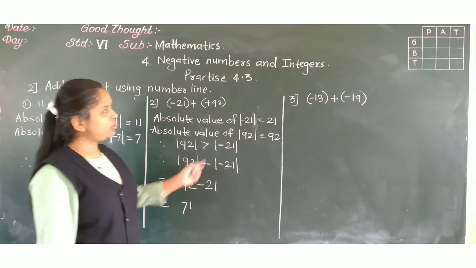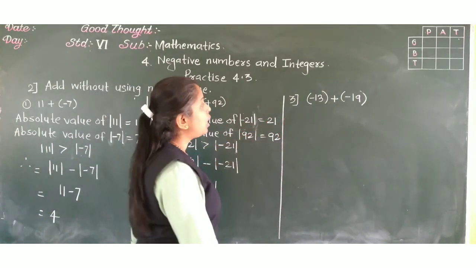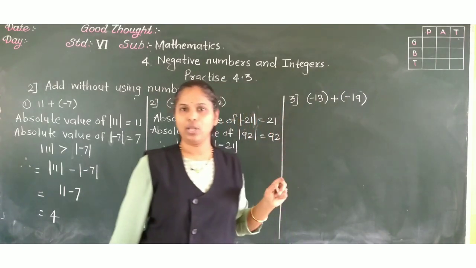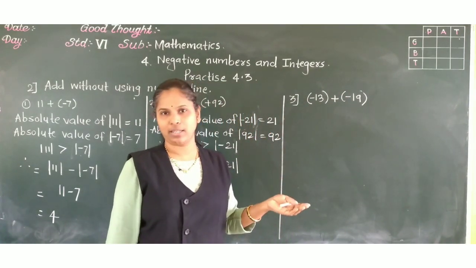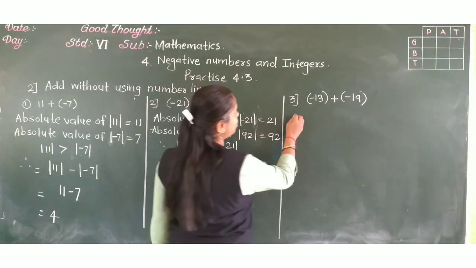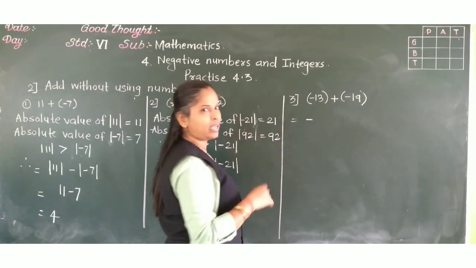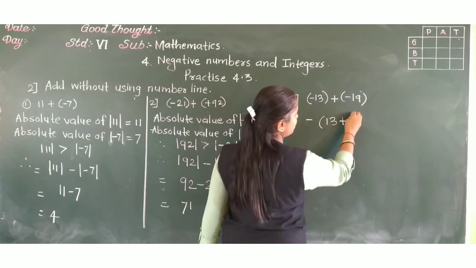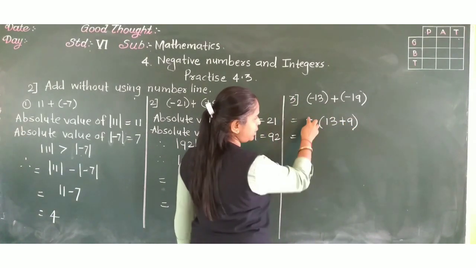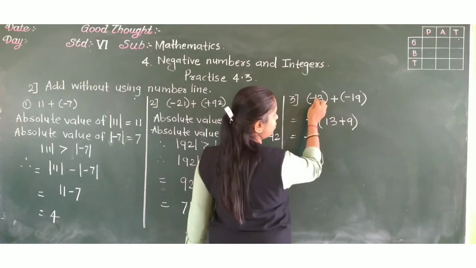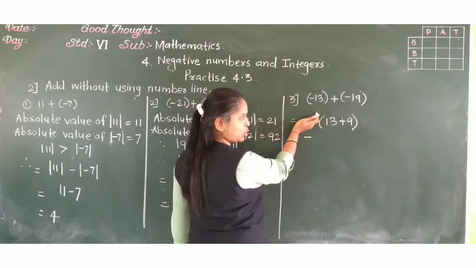Followed? Now, the third one. In the third question, minus 13, minus 19. Both have the same sign. Then what do we have to do? We are adding. So, the minus sign we take outside and 13 plus 19 inside. This minus sign will remain in the answer also. I took the minus sign as common.